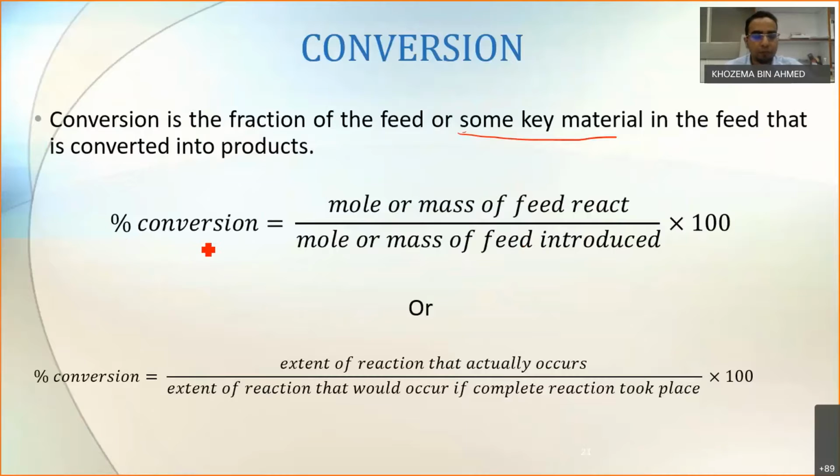Percentage of conversion is equal to mass or mole of the feed that is reacted, so how much of your mole of feed is reacted, divided by the mole or mass of the feed introduced, times 100, meaning how much reacted you divided by how much you had initially.